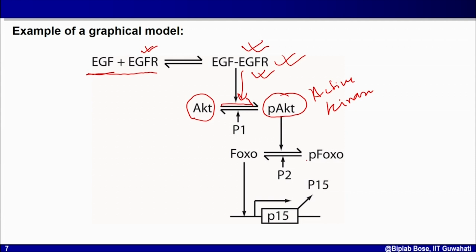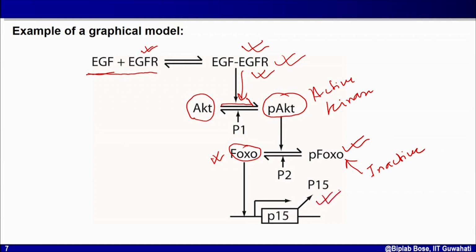It can phosphorylate FOXO to P-FOXO. P-FOXO is nothing but the phosphorylated form of FOXO, and P-FOXO is inactive. Interestingly, FOXO can control or activate expression of P15.